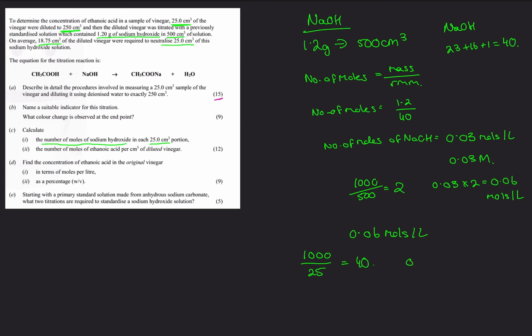So if you take that amount of moles that are present in a litre and divide it by 40 to see how much is actually in the 25 centimetres cubed portion, you will get 0.015 moles of sodium hydroxide in the 25 centimetres cubed section. So basically each time you fill up your conical flask, you have 0.015 moles of the sodium hydroxide solution. And that's your answer to question 1.